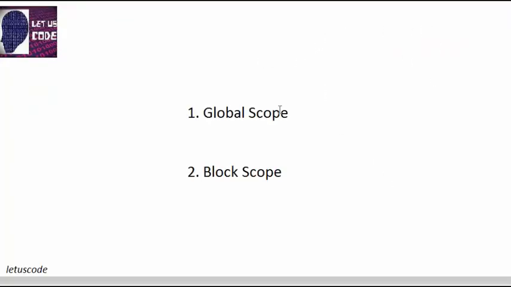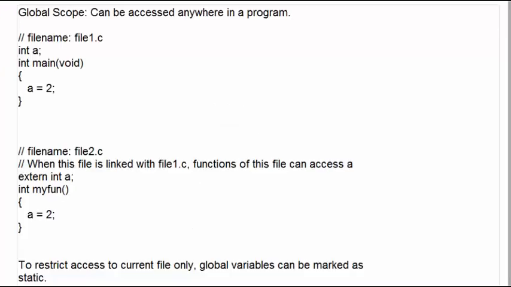Now, scope rules can be covered under the following categories. First is global scope and second is block scope. A global variable can exist anywhere in the program.